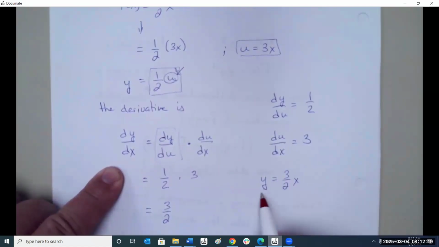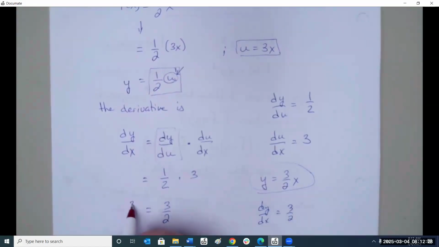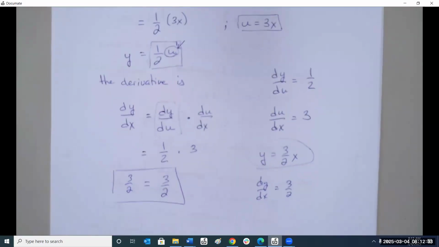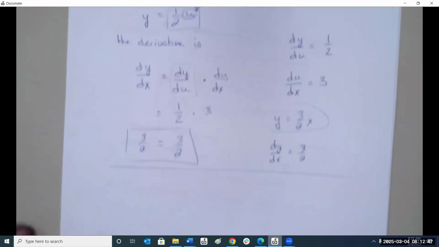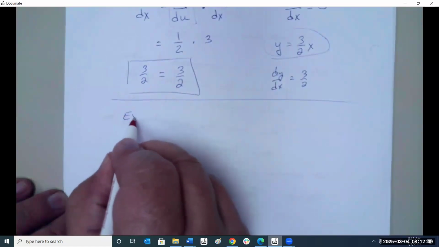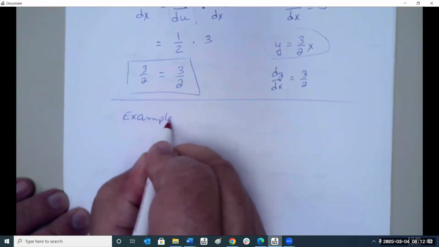What's the derivative of this whole equation? What is dy dx? 3 over 2. So this is just an example that shows you how it works. We start off with a basic easy equation, and this is how we break it up into pieces. So now let's look at larger examples.